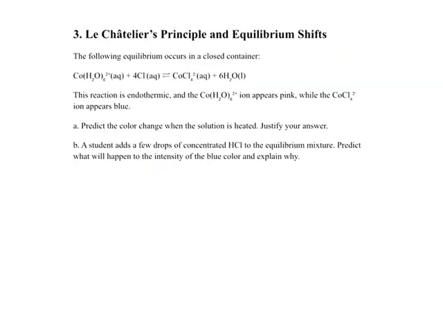Number 3 is also about Le Chatelier's principle, but it kind of takes a different approach with it. We have this equilibrium here. We're told that this reaction is endothermic, so delta H here is greater than 0, or we could say it's positive. It's endothermic. So we could also think that that means that heat is being treated as a reactant, in essence.